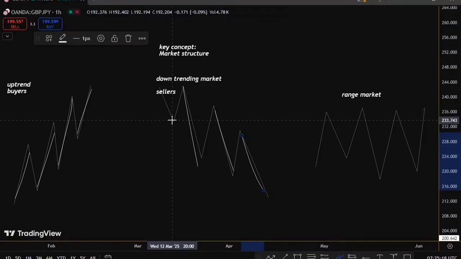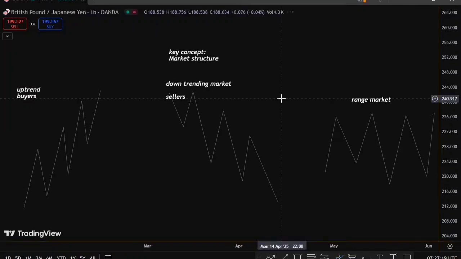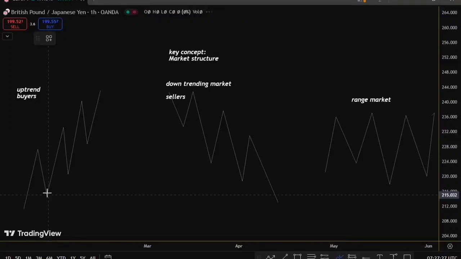For example, we've stated that an uptrend consists of higher highs and higher lows, so we want to see price protecting lows.